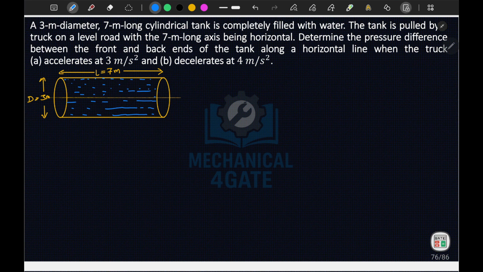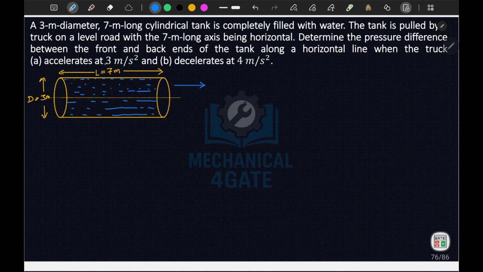Now what is given here? The truck pulls it with the 7 meter long axis horizontal. Let's say it is moving in this direction here.